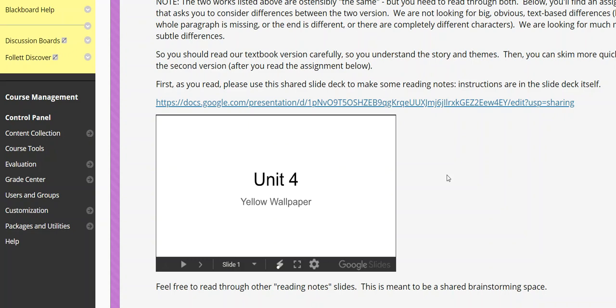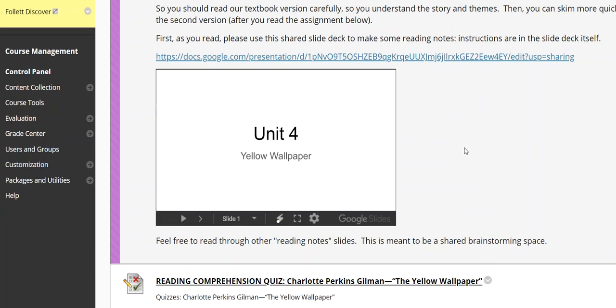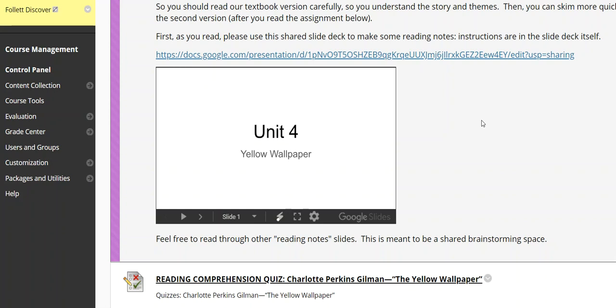It's not about big changes like paragraphs missing, or the end is different, or the names are different. It's more things that your eye might not spend a lot of time on, but that if we do a deeper dive, we'll discover can really affect the way we understand the story in terms of themes and the power dynamics between the characters.